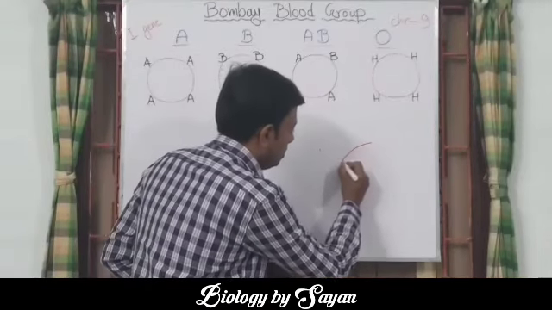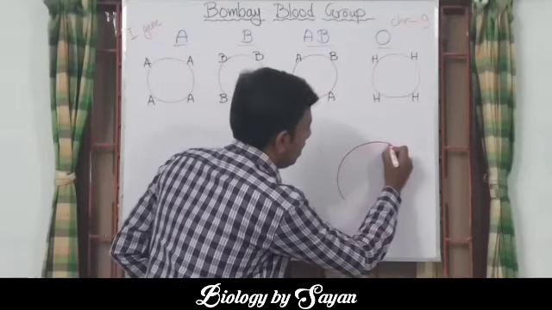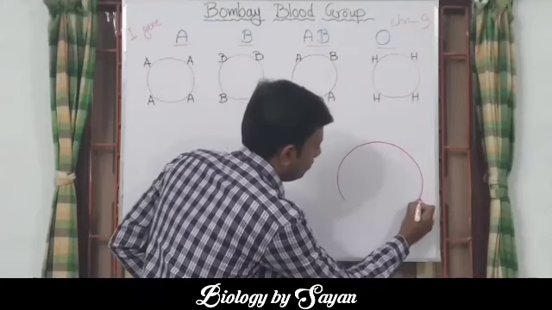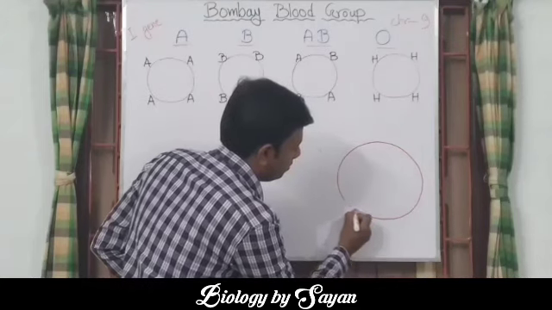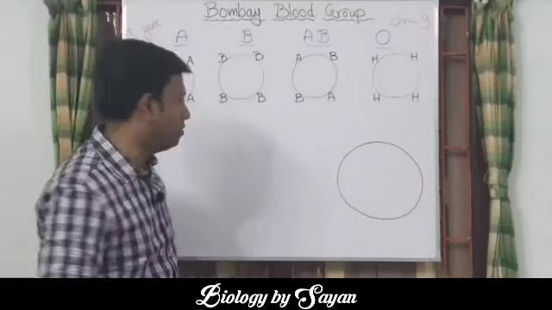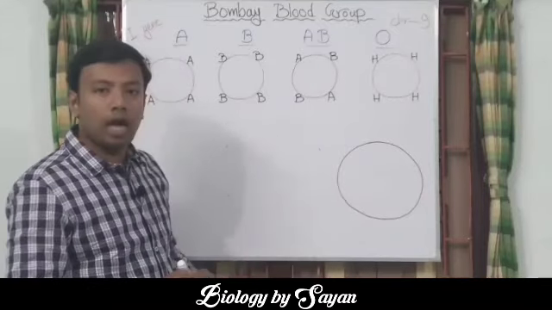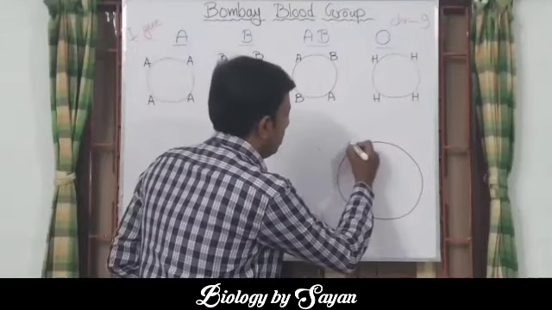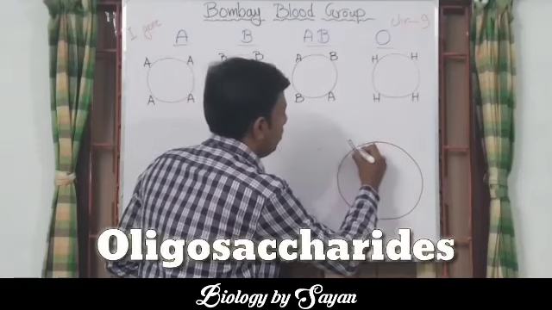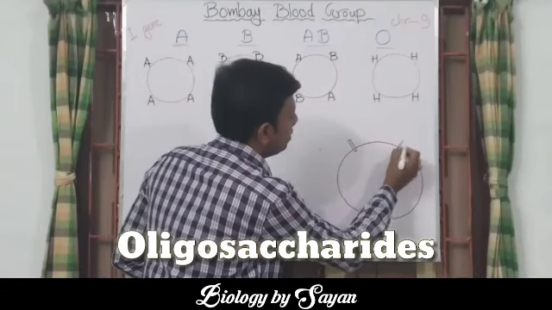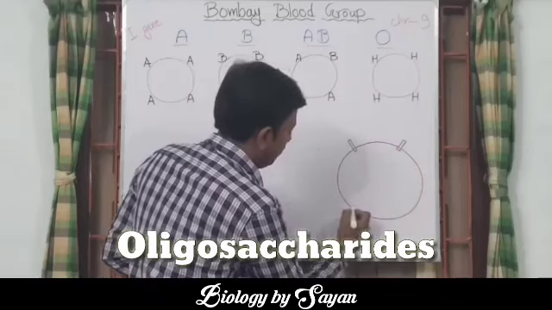Imagine this is an RBC of an O individual. On the RBC cell membrane, there are several oligosaccharide molecules, millions of oligosaccharide molecules.